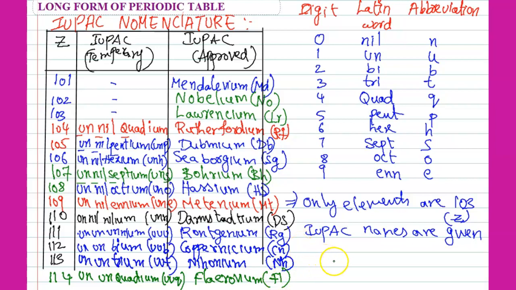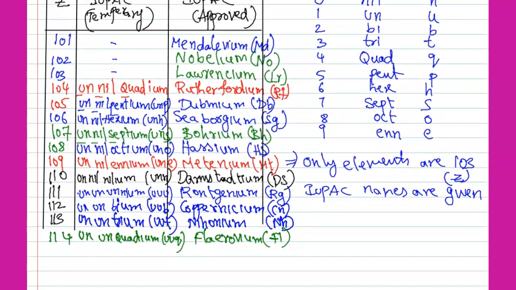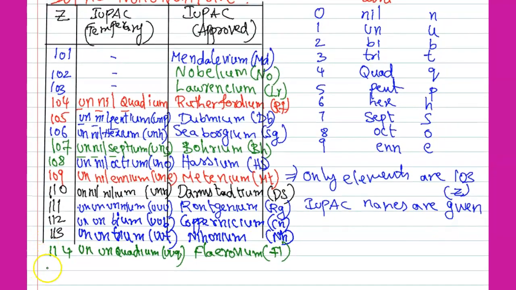Similarly, see the students here, 115 means unpentium, Uup. Its name is Moscovium, Mc.